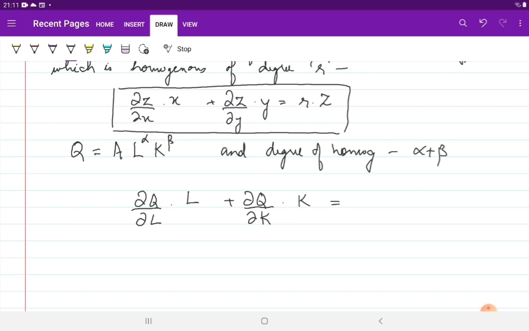This will be equal to alpha plus beta times the total output Q which is being produced.